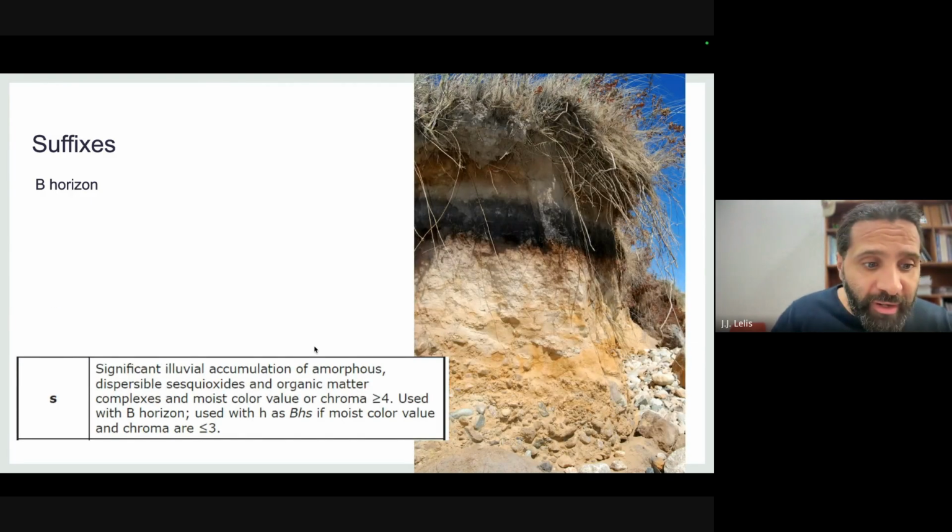We also can use the letter S, and in this case, the letter S also expresses accumulation of material in the B horizon, but here it expresses accumulation of iron oxides, as you can see here.